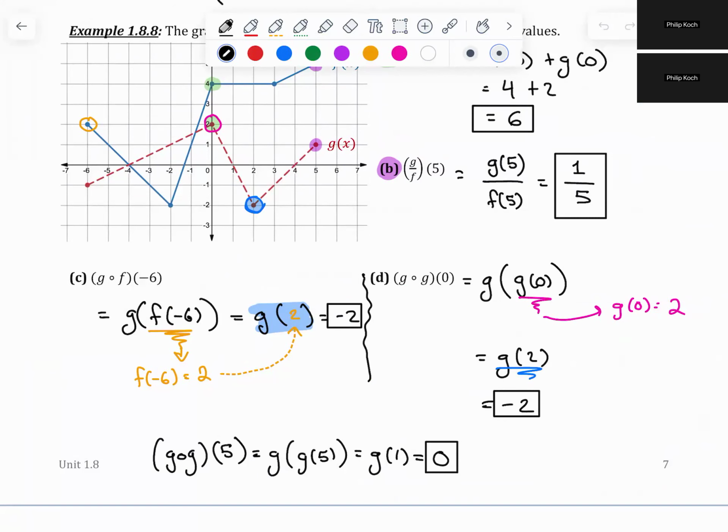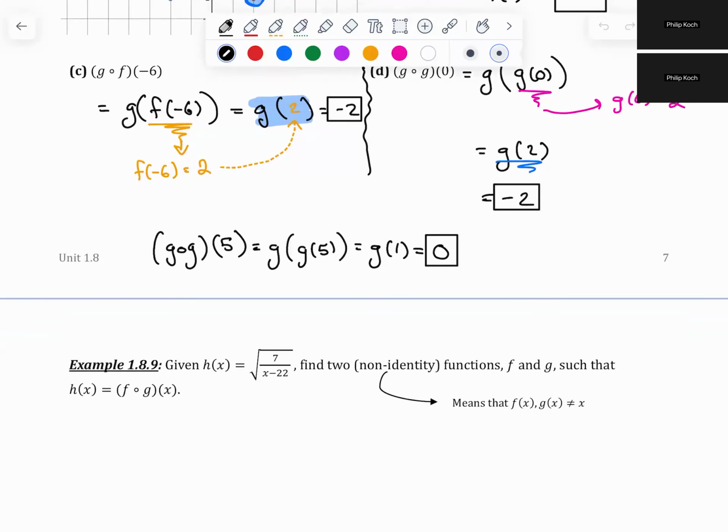One last thing about composition. And this is actually very, honestly, out of all the things in this situation, this is probably the most useful because composition is how the chain rule works in calculus.